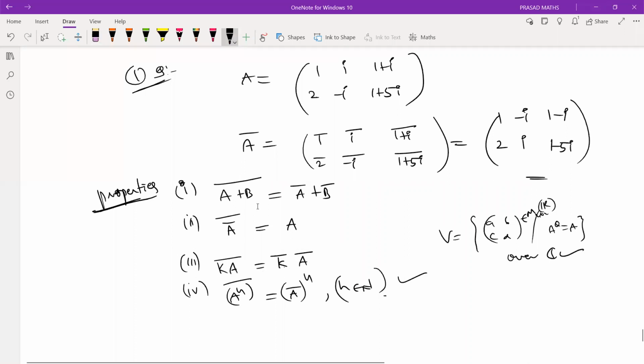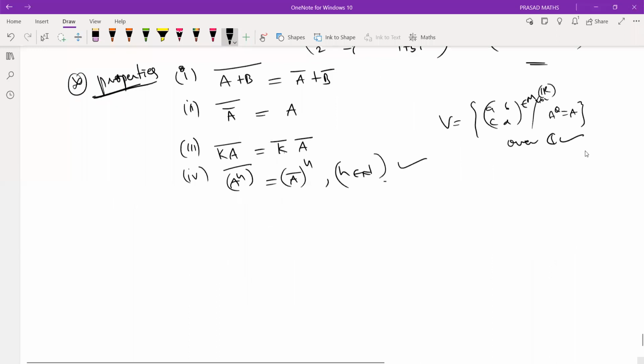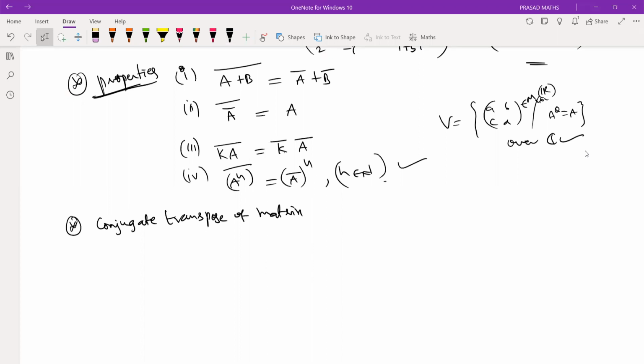Next is the conjugate transpose of a matrix. Generally your matrix is an m by n matrix.